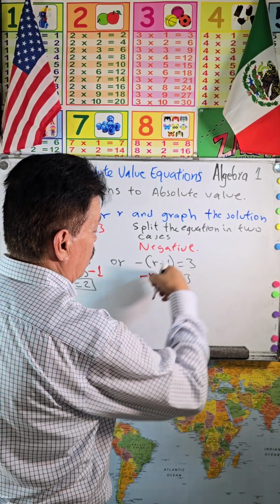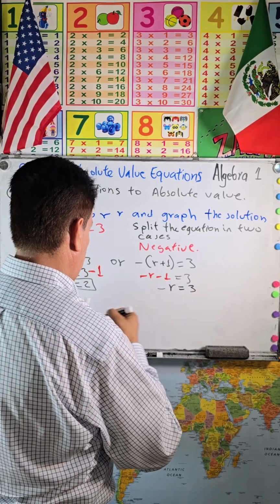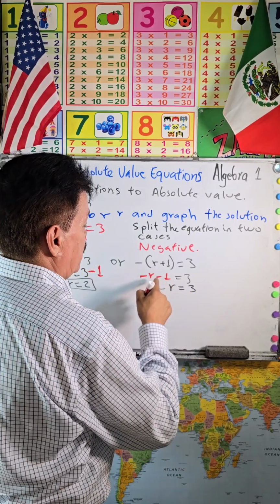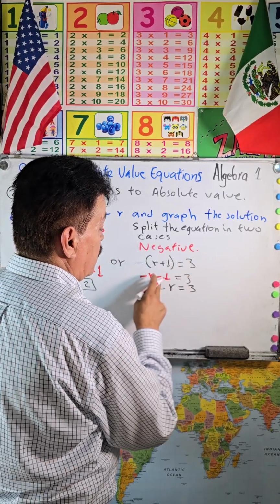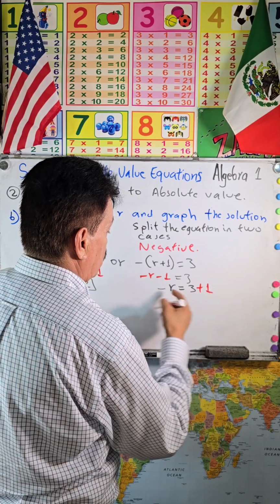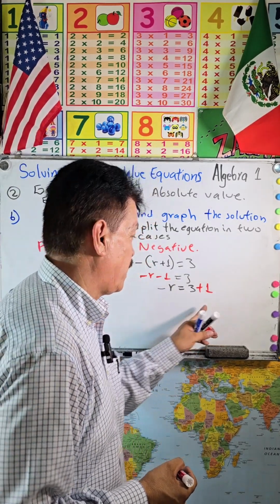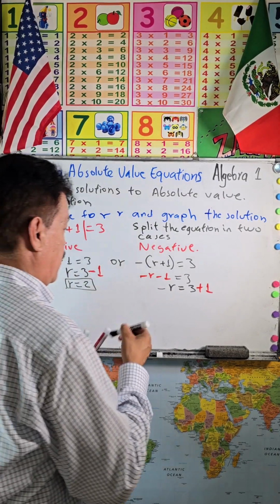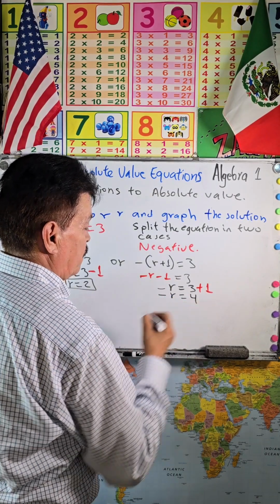This negative 1 we have to move to the other side. It is subtraction now, so we change to addition. Simplify this step: negative r is going to equal 4.